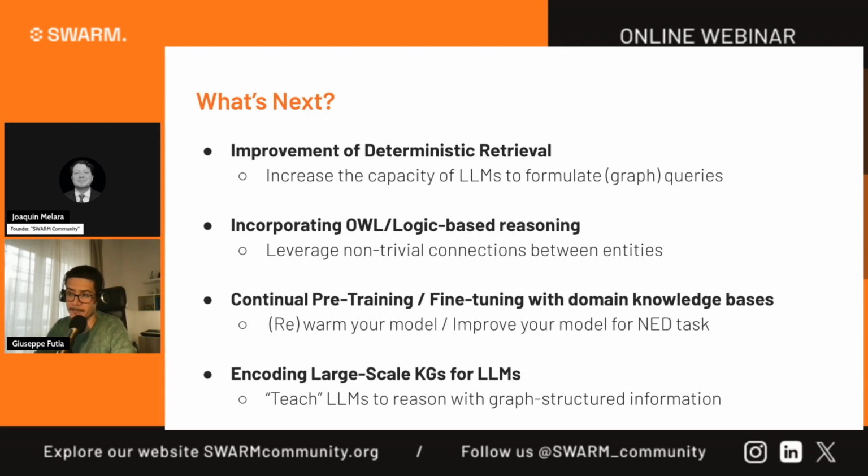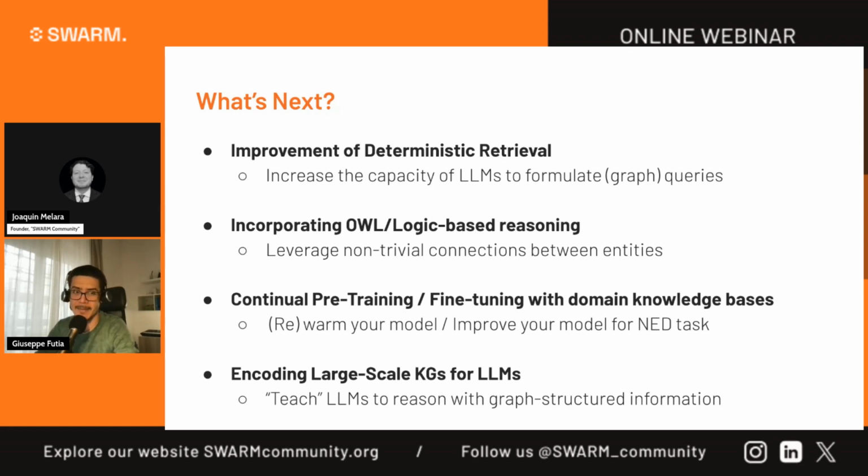There are some other approaches, right, that are very recent, like continual pre-training. So basically, trying to rewarm our pre-trained model in order to readapt it for a specific domain. And obviously, there is fine-tuning, which is not so easy in this context because, as you have seen, we can potentially have millions of entities in a knowledge base for named entity disambiguation.